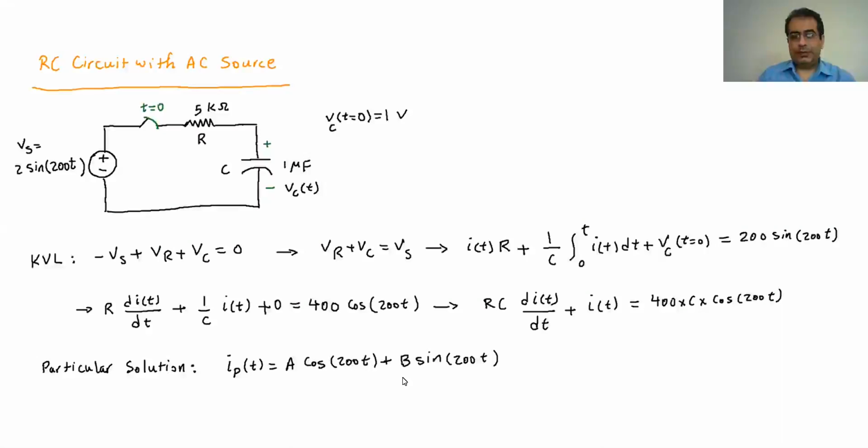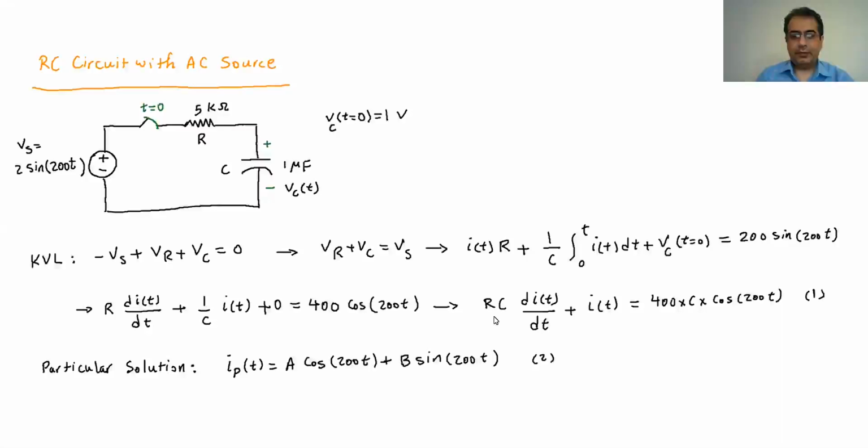How we do that is that we know the particular solution is supposed to satisfy the general solution, the main equation that we have here. If I call this equation 1 and that equation 2, we substitute 2 into 1, and that should satisfy the equation.